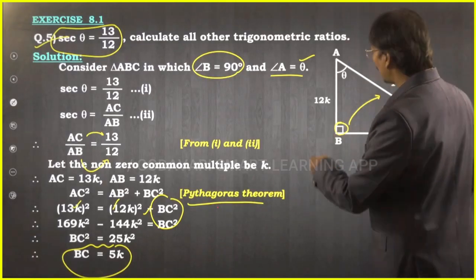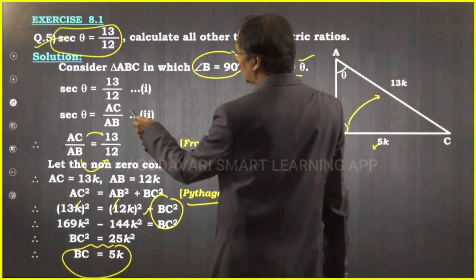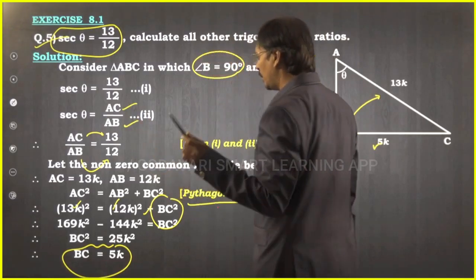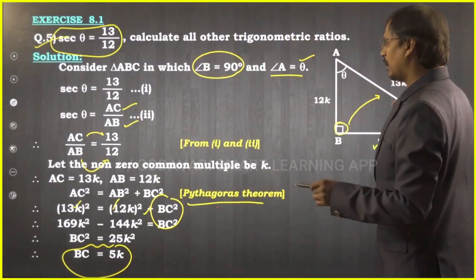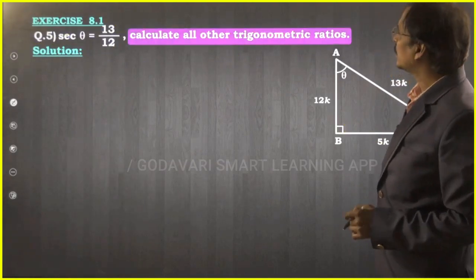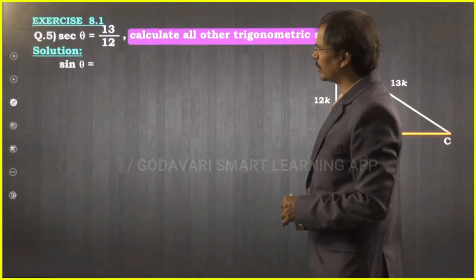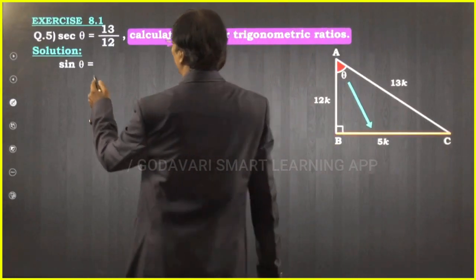Actually there is no need to write the k, but here we are separating the numerator and denominator. We should use k according to the mathematical rule. So here we have to calculate the other trigonometric ratios. The first one is sin theta.